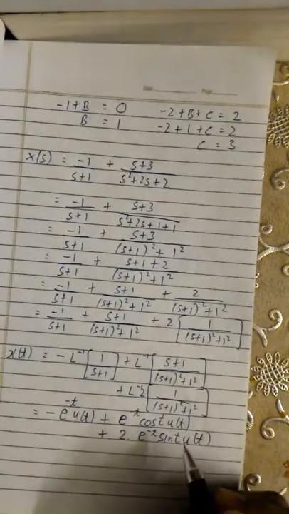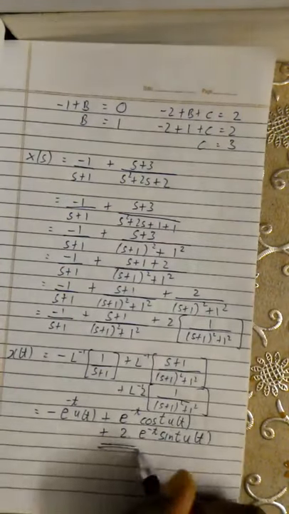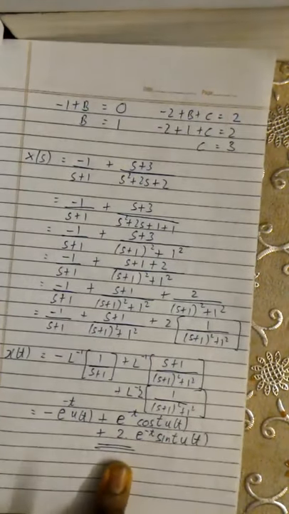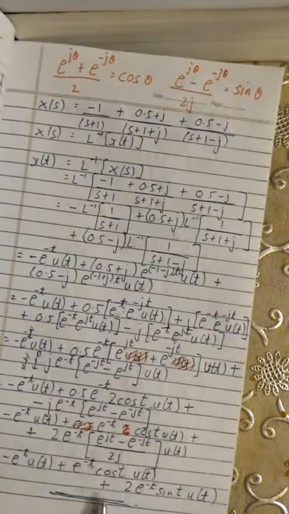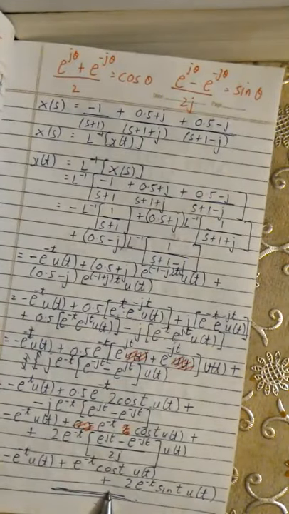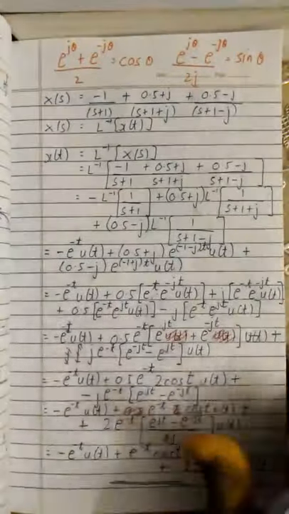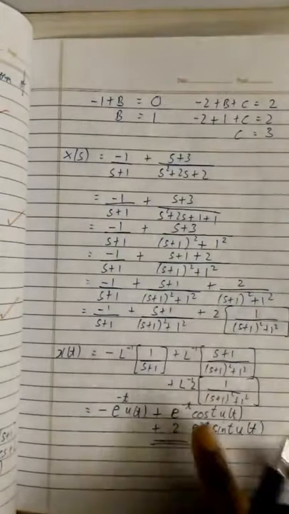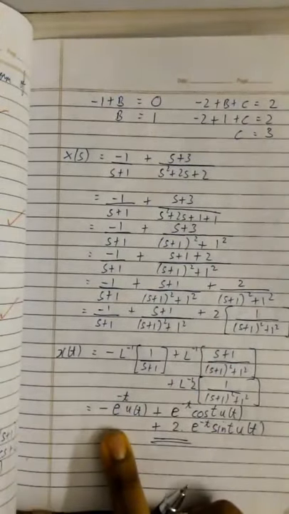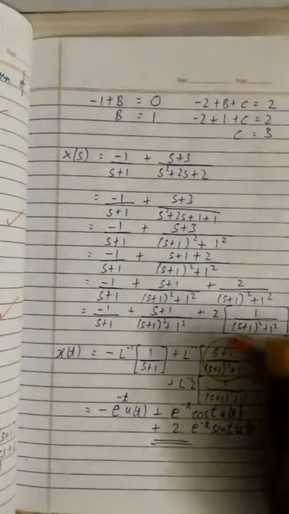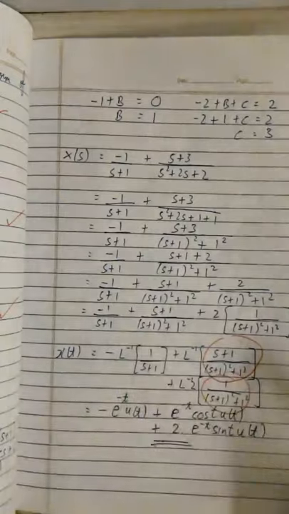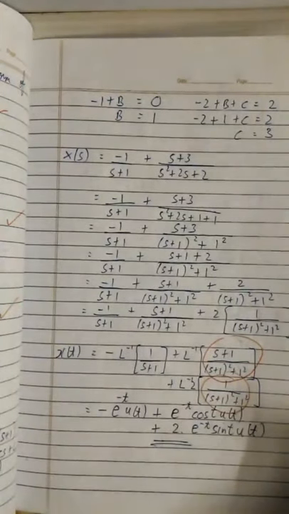So if you can see, this is the answer you got from this, and this is the answer you got from the previous step. If you compare the two methods, you can see that this method is much easier, provided you remember this equation and you also understand how to convert this into this format.